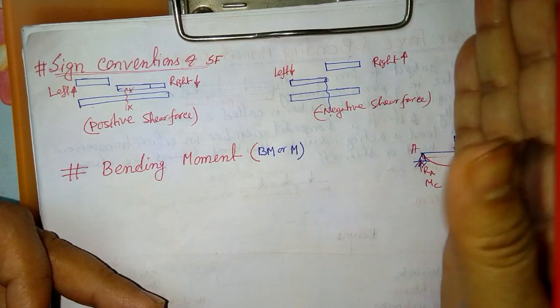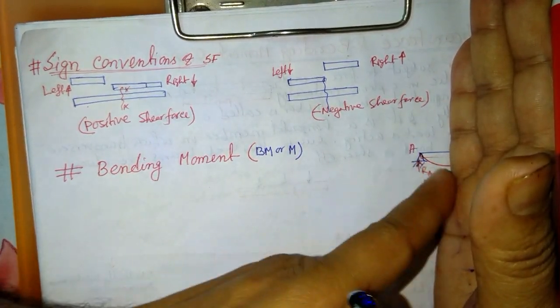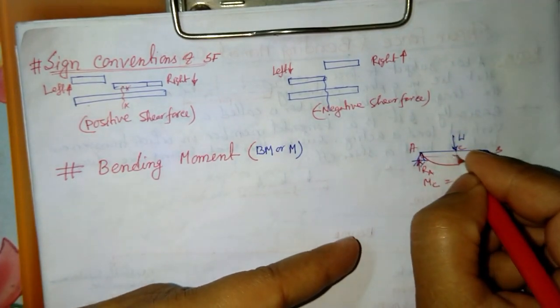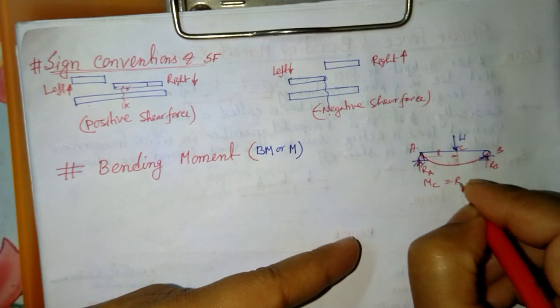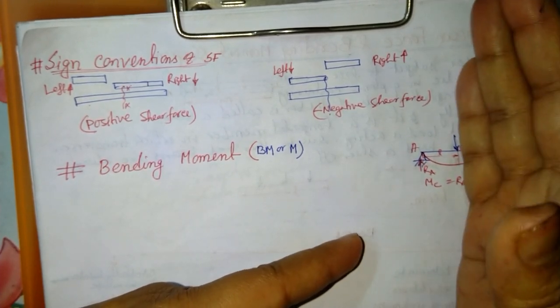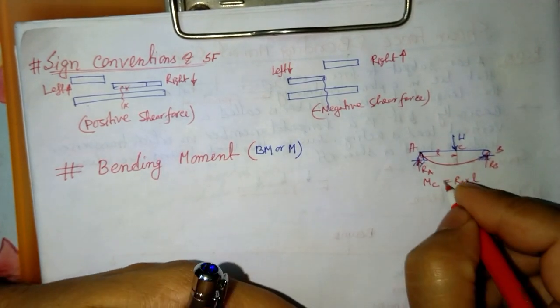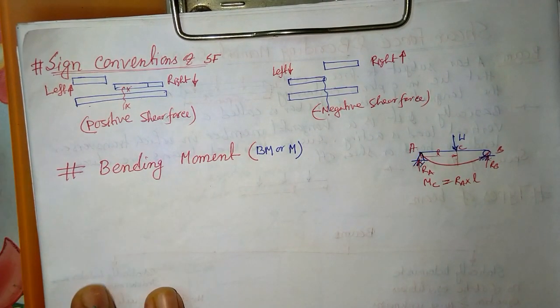The moment about C is RA into the perpendicular distance. Let this perpendicular distance be L. So MC will be RA into L. This is how to calculate the bending moment.